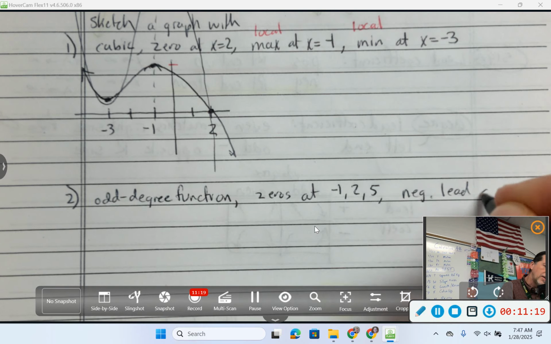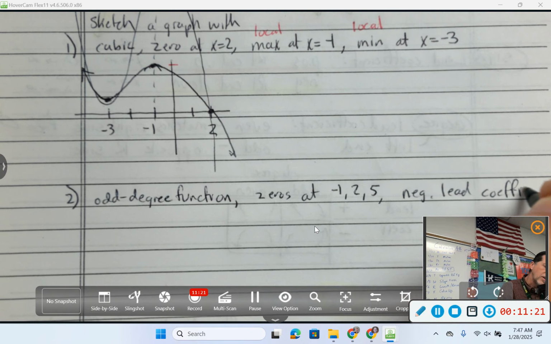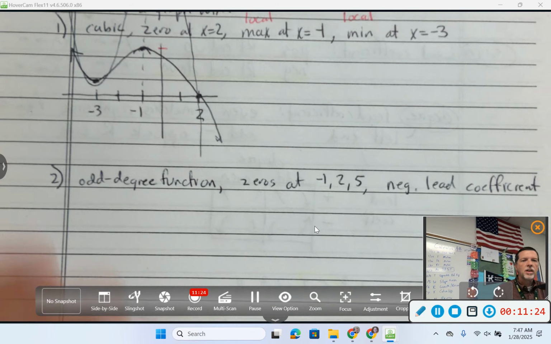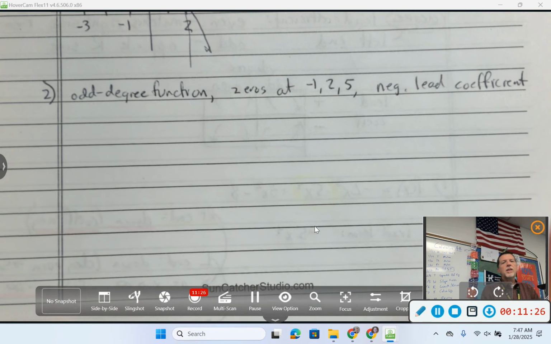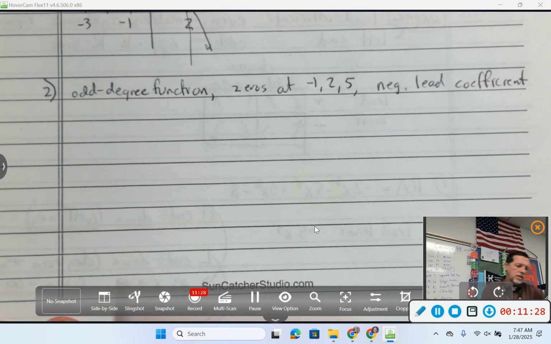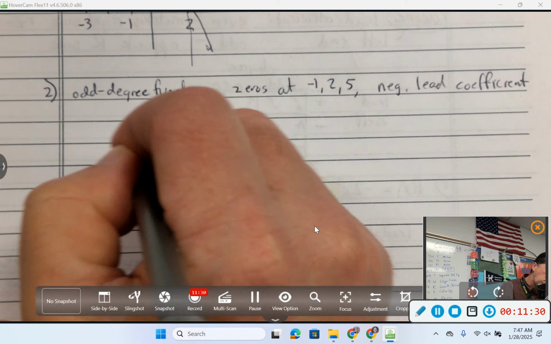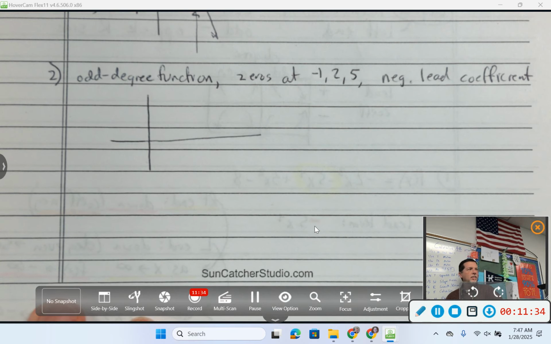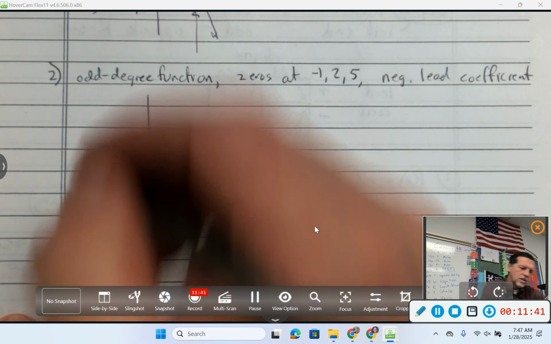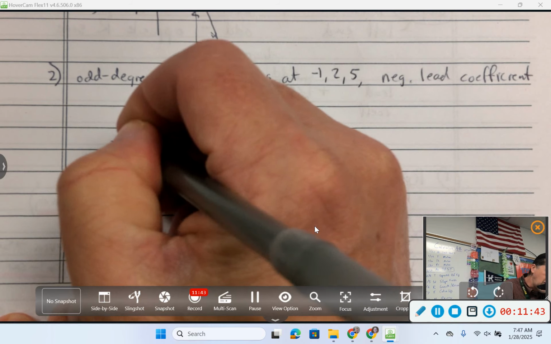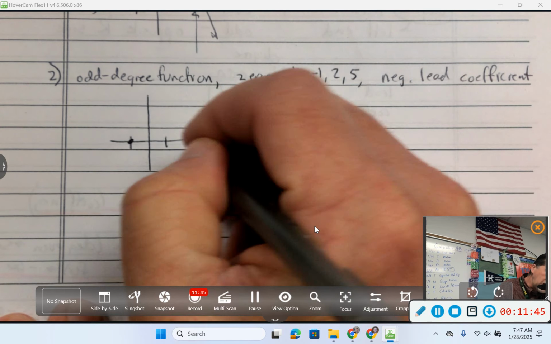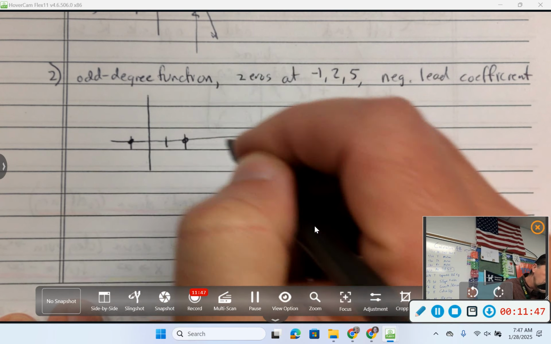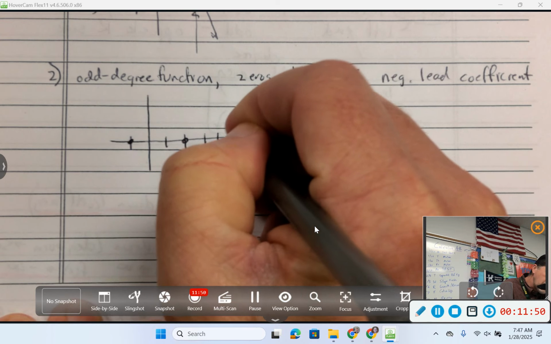And a negative lead coefficient. What do you think we should put on the graph first? The zeros. That's definitely anchors. You definitely know where those points are. -1, 2, 5.